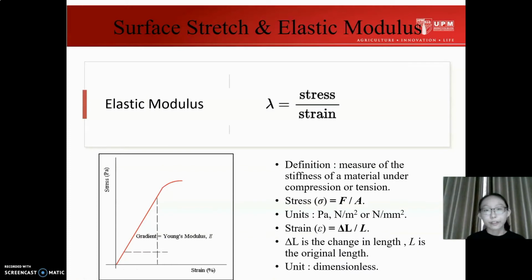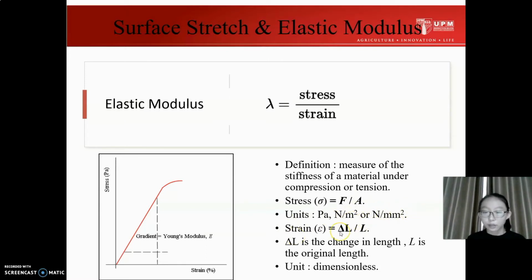So for the stress and elastic modulus, the formula of the elastic modulus is equal to stress over strain. The definition is a measure of the stiffness of a material under compression or tension. The formula of stress is equal to force over area. So the unit is Pascal or Newton per meter square or Newton per millimeter square.